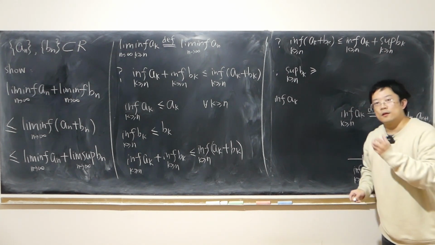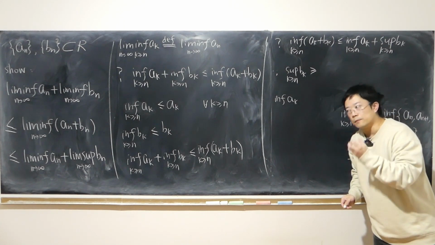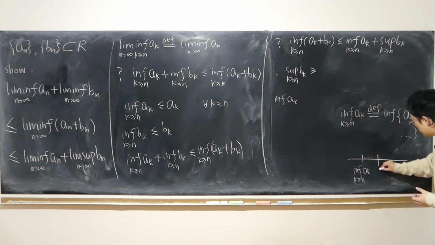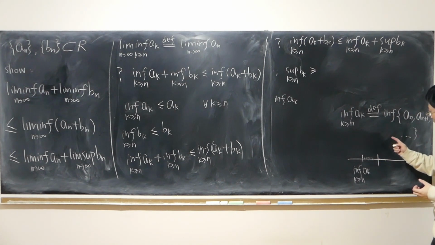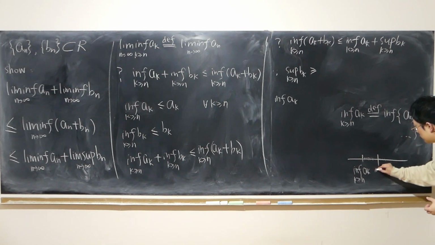In other words, if it becomes a little bit bigger, then it's no longer a lower bound, right? So here is the infimum of ak plus epsilon, small epsilon, right?